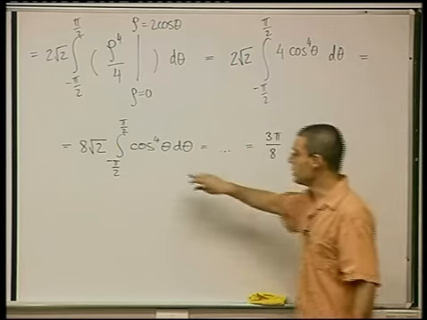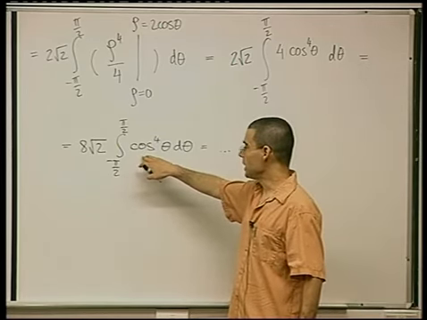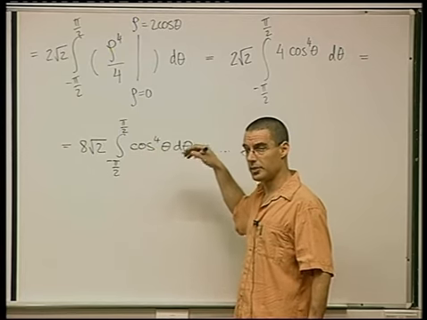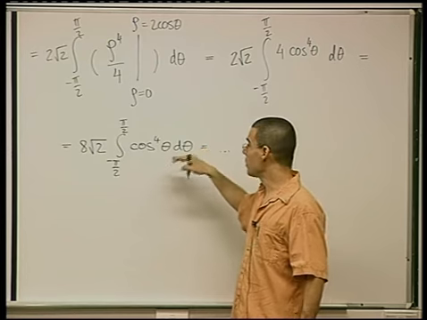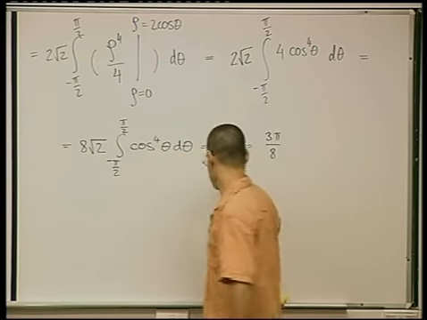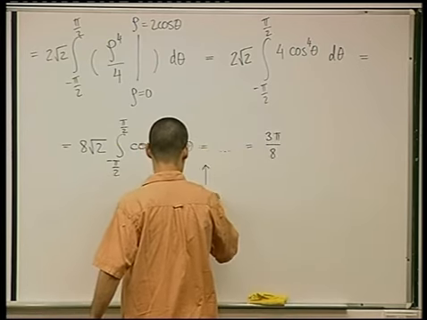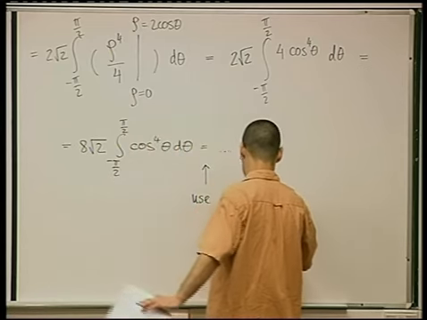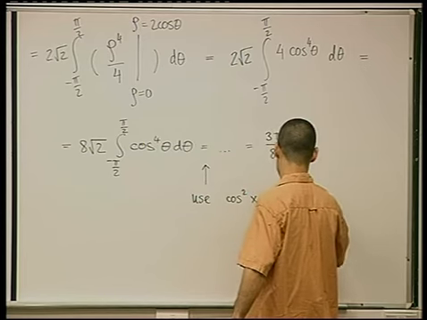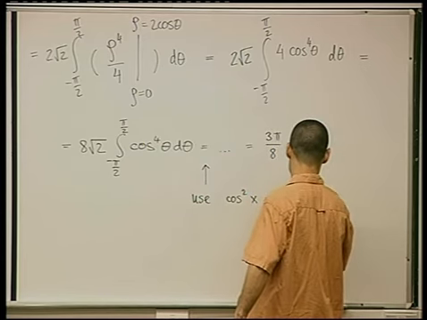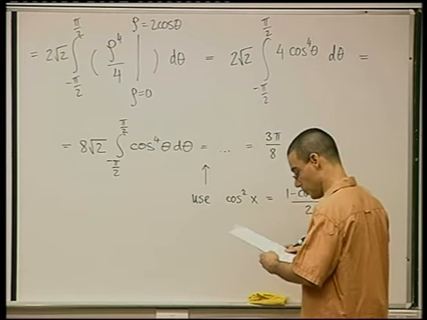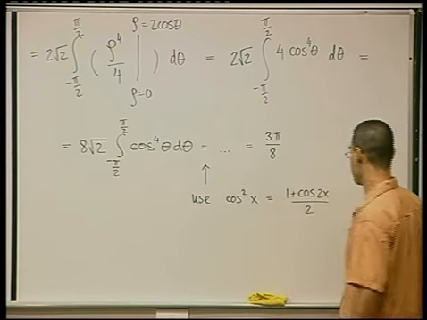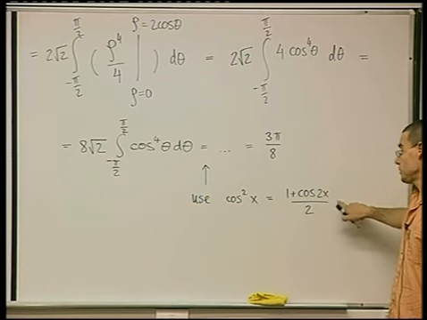So what you use here is the formula for cosine squared. Cosine squared of x in general is 1 plus cosine of 2x divided by 2. Or 1 plus or minus? I think it's a plus here. Okay? This is what you need to use.